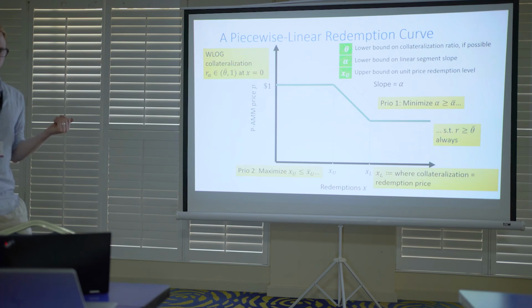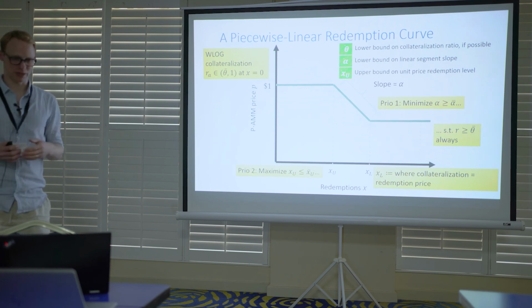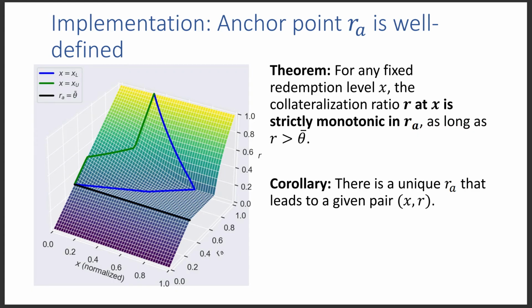So the first thing I want to talk about is that this is well defined. And the mathematical proof is somewhat easy. You can look at the three-dimensional graph where on one axis we have the redemption amount. On the other axis we have what we call the anchor reserve, the anchor collateralization ratio. And on the y-axis we have the collateralization ratio at any point in time.